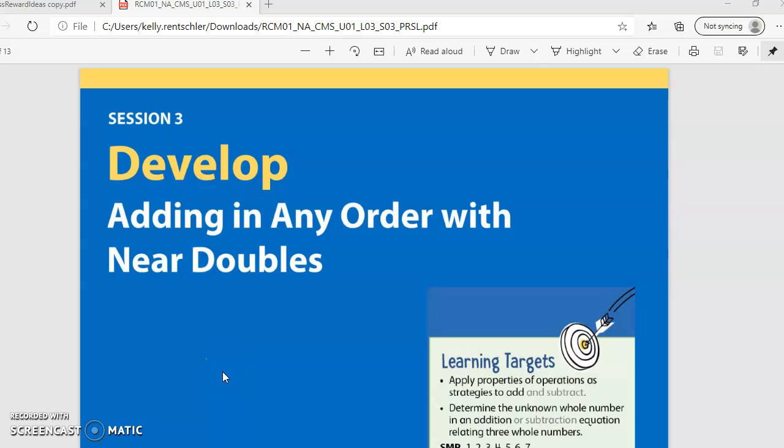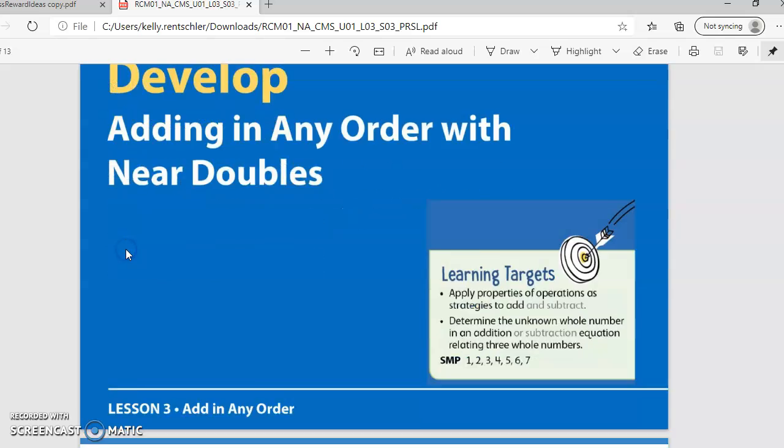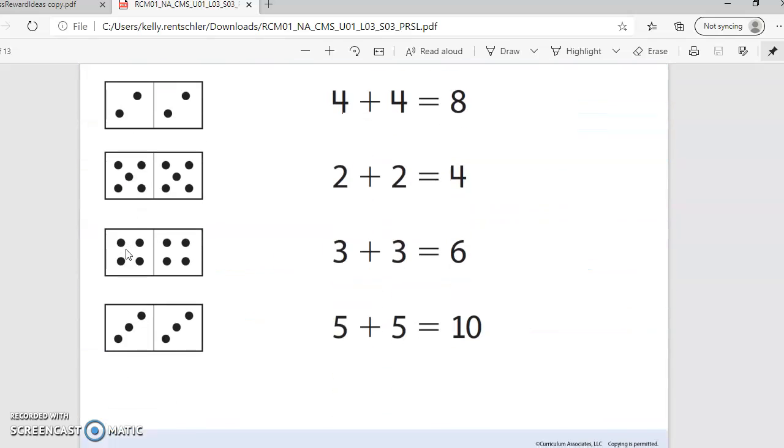For math, we're still working on adding in any order, but today we're going to look at how to add in any order using doubles and near doubles. So remember that a double is just the same number plus itself.